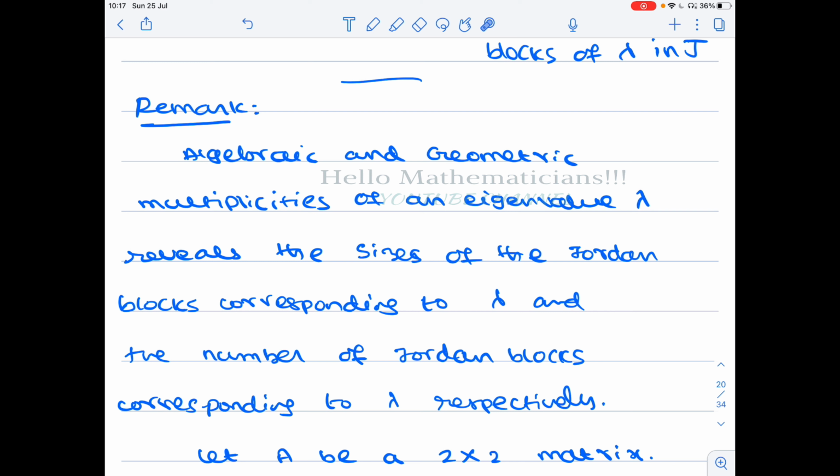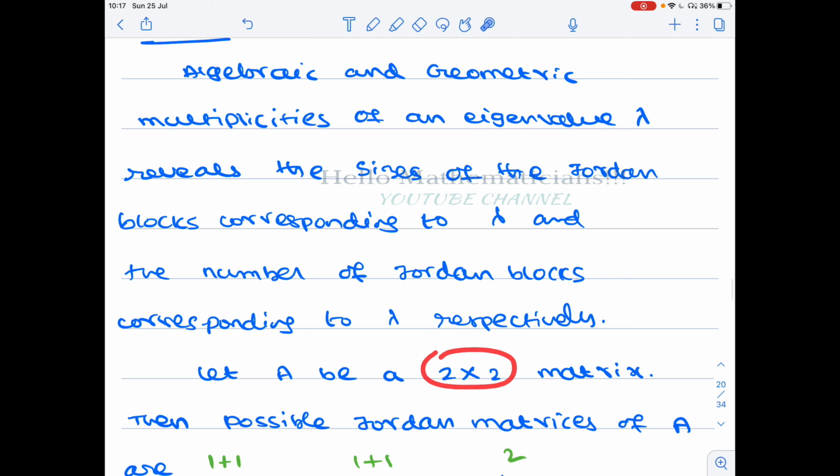In any previous CSIR GATE paper with many problems related to Jordan canonical form, the matrix is most of the time at least 4 by 4, because you need more information than the algebraic and geometric multiplicities. We are going to see why in the case of 2 by 2 and 3 by 3 matrices the algebraic and geometric multiplicities alone are enough, and we are going to give an example of two 4 by 4 matrices, two 4 by 4 Jordan blocks.